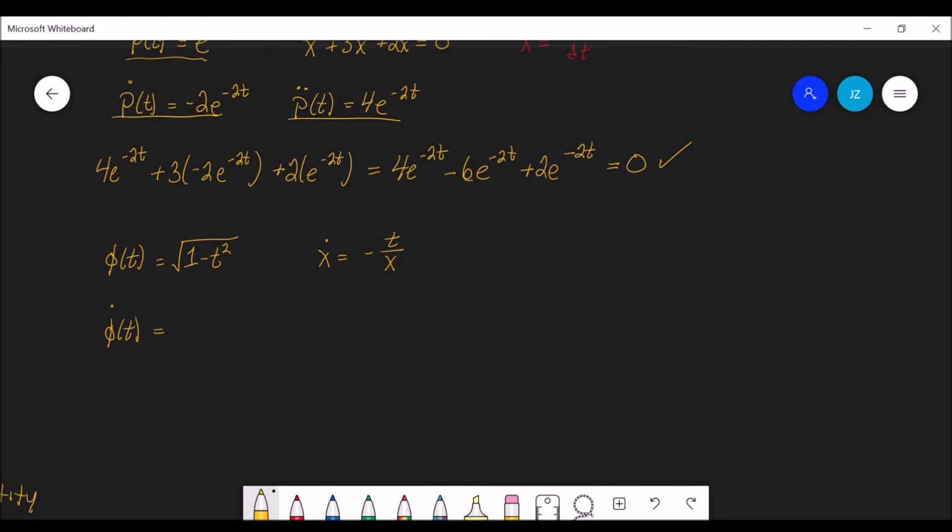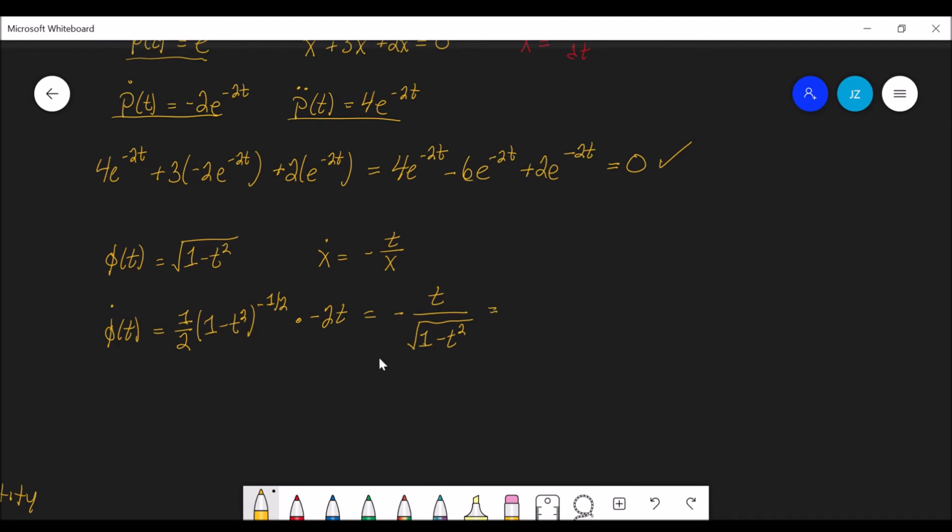So what we get, 1/2 times 1 minus t squared to the negative 1/2. Then chain rule says multiply this by negative 2t. So this equals negative t over the square root of 1 minus t squared.